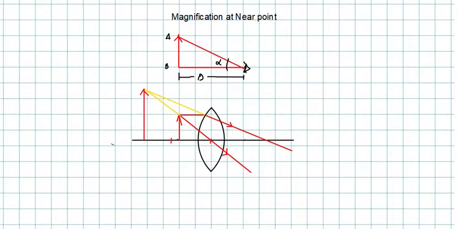Note that we will be able to see this distinctly and clearly if the final image is also at a distance of 25 centimeter. So, this distance must again be D, and only then will we be able to see it clearly without any strain on the eye. Let us say this angle is beta. This is A B, and this is A prime B prime.